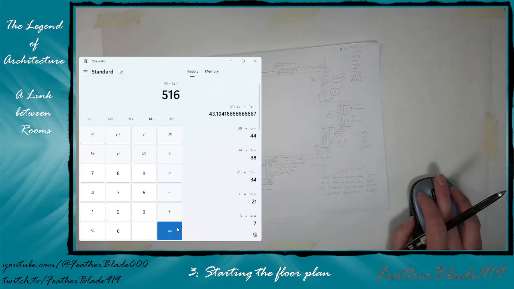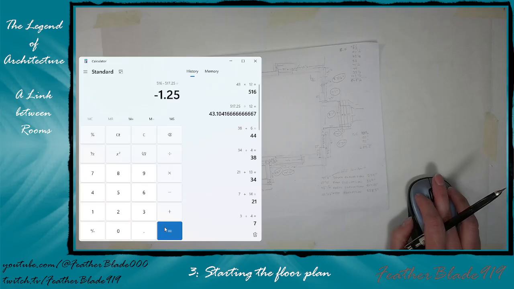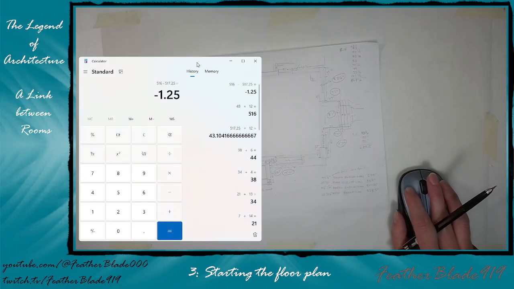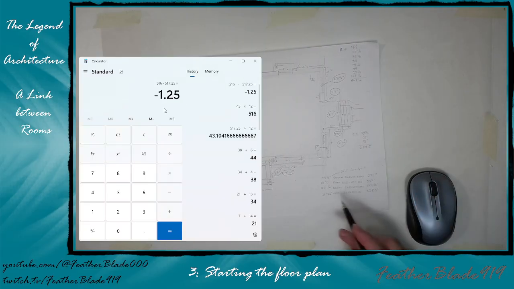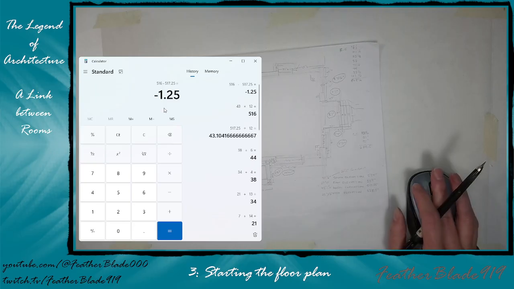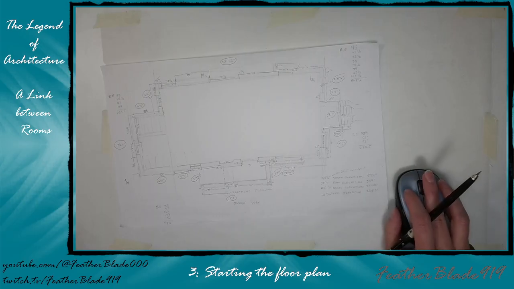That will give you the number of inches in that number of feet. Subtract this number of inches from your original measurement, and that will give you the remainder in inches rather than in decimal. So the remainder is 1¼ inches, leaving us with 43 feet, 1¼ inches. Ignore the sign there, you'll figure that out.